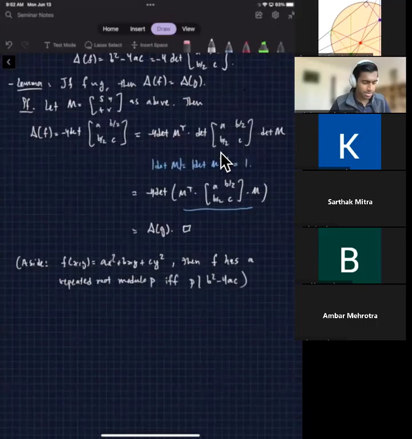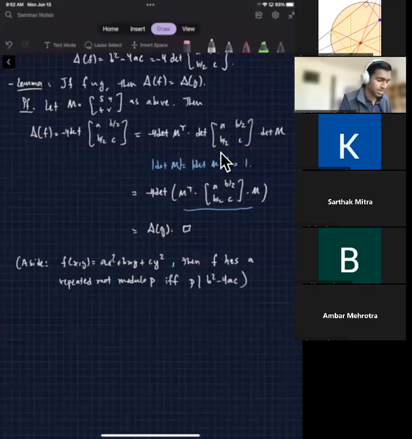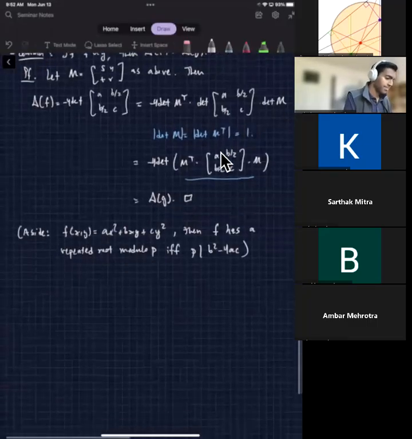Now, if you were to scale b squared minus 4ac by other numbers, that property won't be true anymore. So there are number theoretic reasons why we normalize it this way, but for the purpose of invariant theory, you don't need this normalization. Okay, that's a little bit of an aside.